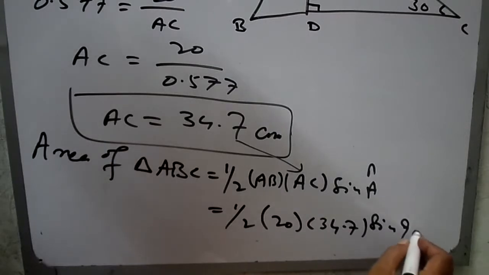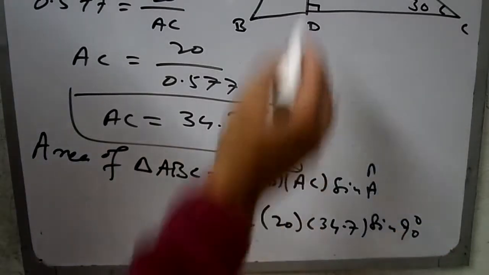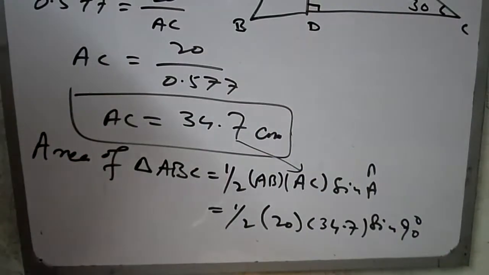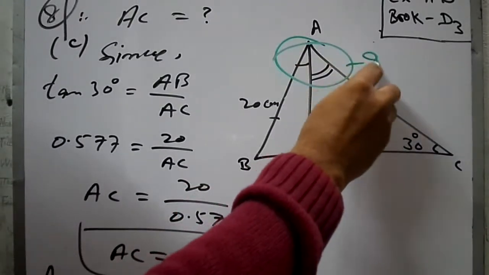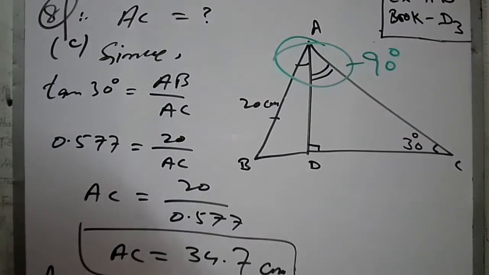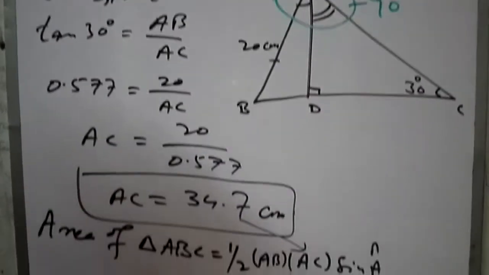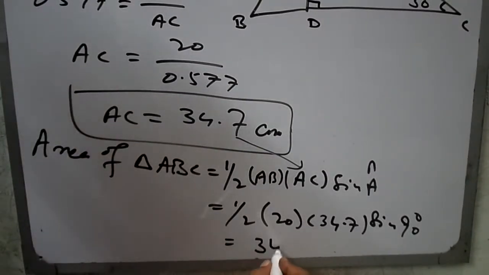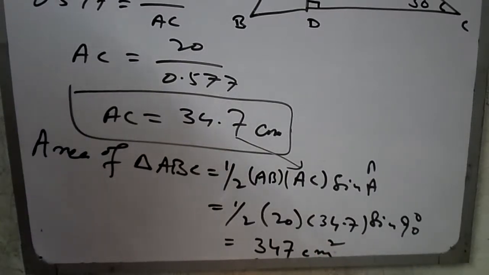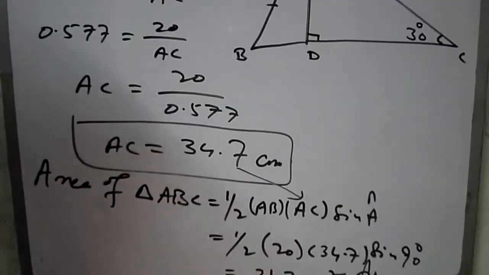Sine A angle is sine 90. We are already well familiar with the fact that this is equal to 90 degree. So after simplification you will get 347 centimeters square. So that is your required result.